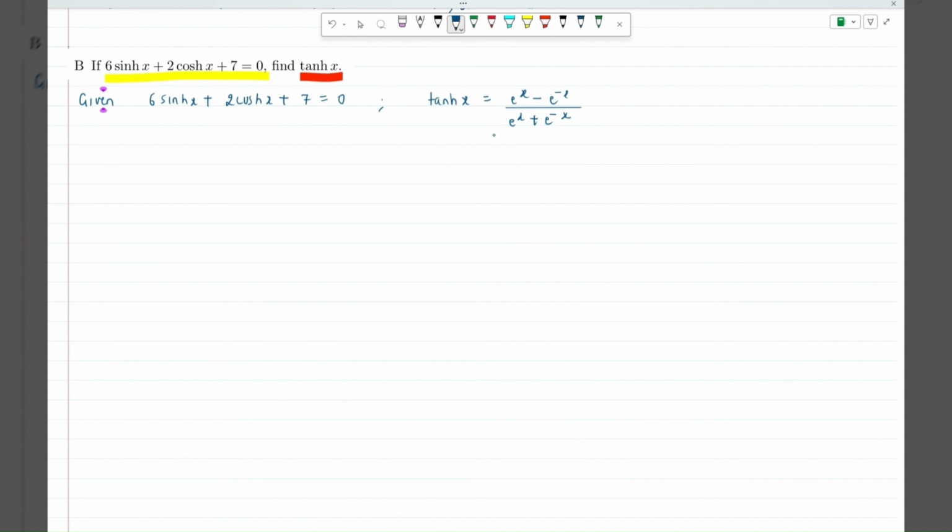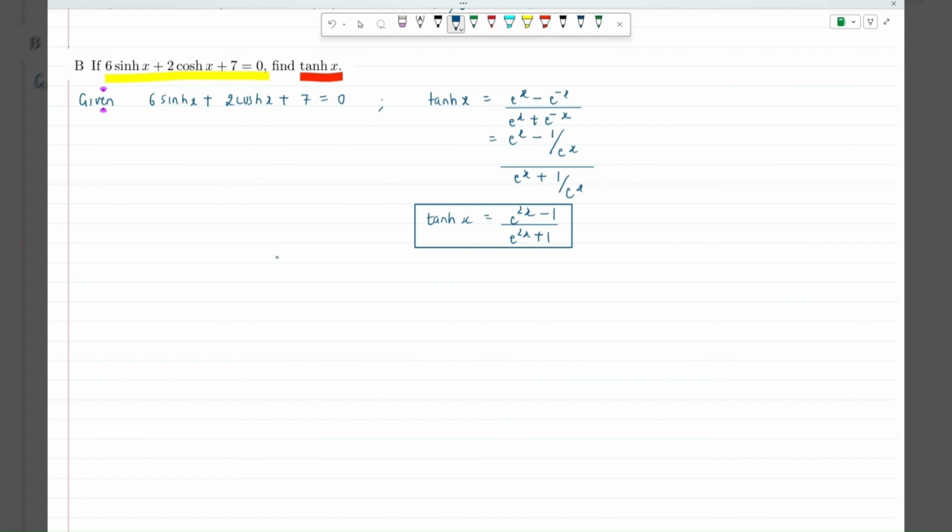If we work on the simplification of the negative exponent, we will be getting e raised to x minus 1 over e raised to x divided by e raised to x plus 1 over e raised to x, which gives us e raised to 2x minus 1 over e raised to 2x plus 1. So this is the simplest expression of tanh of x, which we will be trying to figure out.